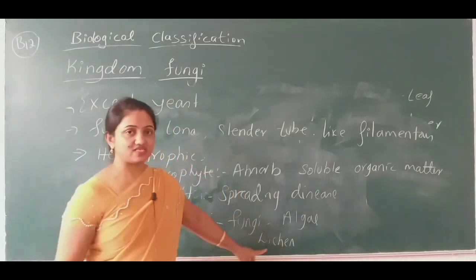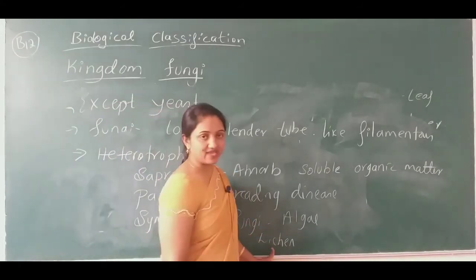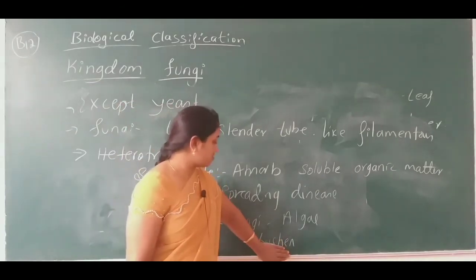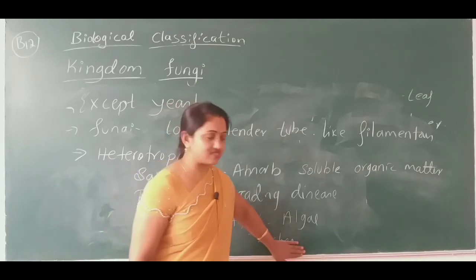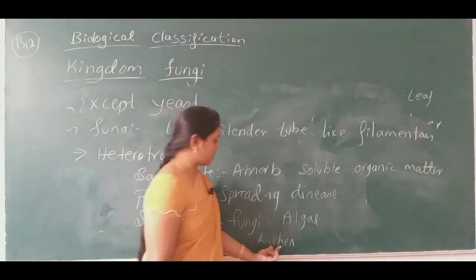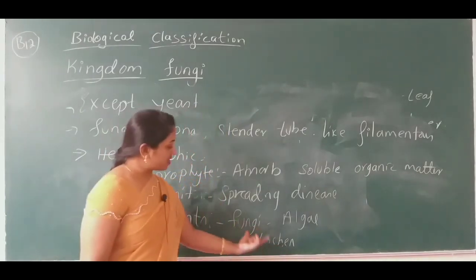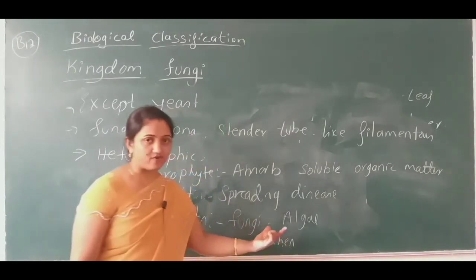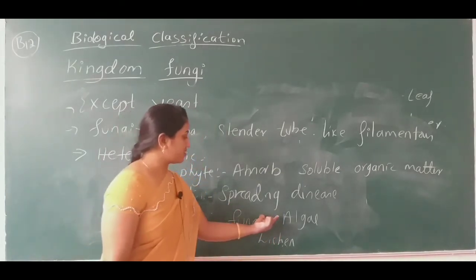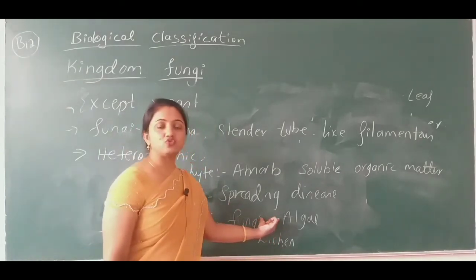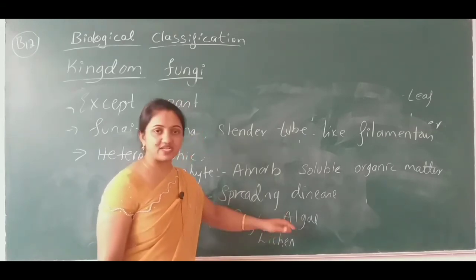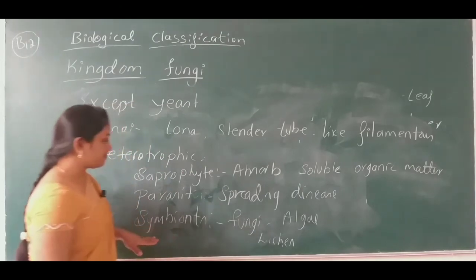In the next class I'll teach you what lichen is and how lichens grow. Just have the knowledge of lichen for now, because in the next session I'll explain about lichen. But in this lichen, they both live together. This mutual understanding is known as symbiosis.